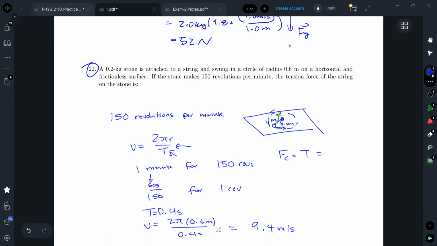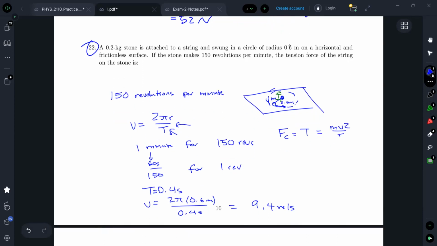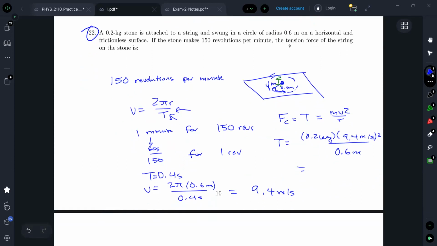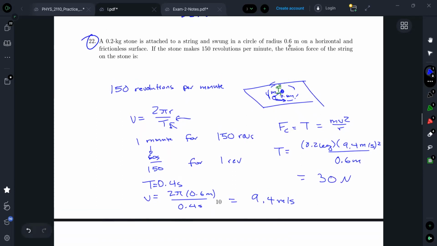So tension, that's mass times acceleration. Centripetal is v squared over r. So our tension is mass, 0.2 kilograms, times speed, 9.4 meters per second, squared, over radius of 0.6 meters. We're expecting 30 out of this. Let's see. Yeah, 29.5, round up to 2 sig figs, it looks like. That's 30 newtons, or 1 sig fig, I guess.